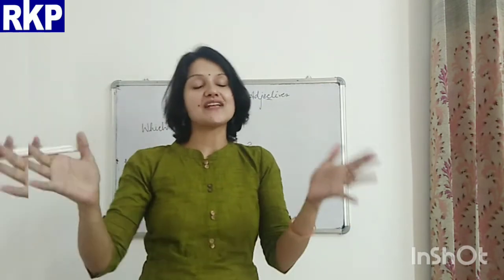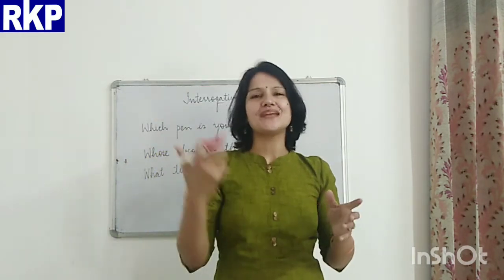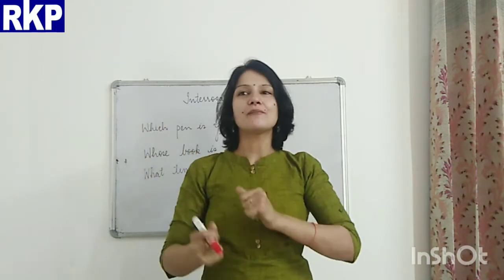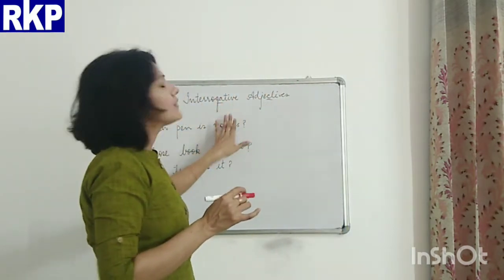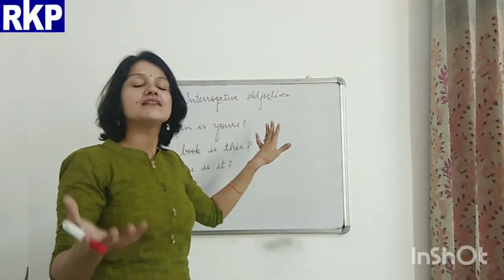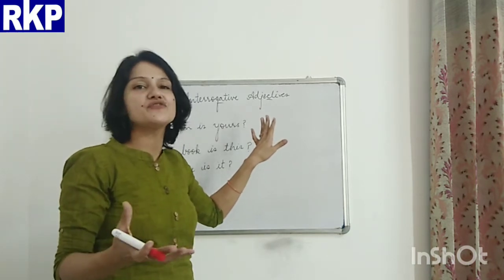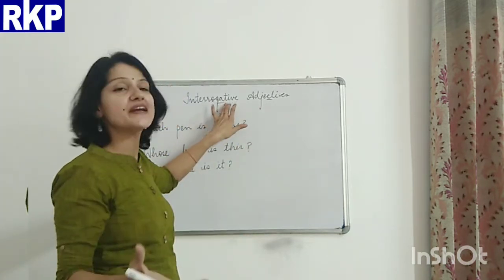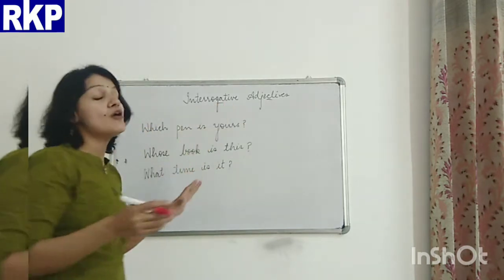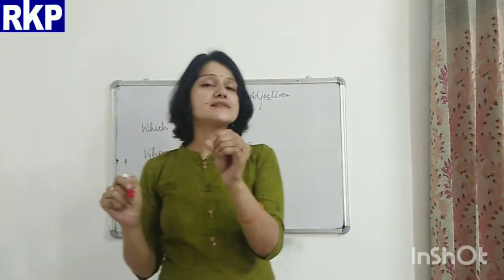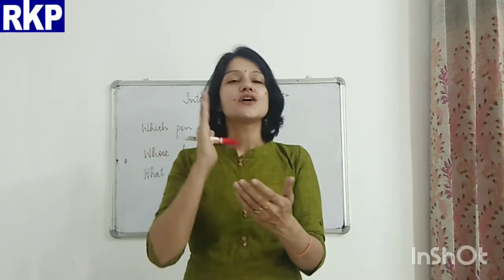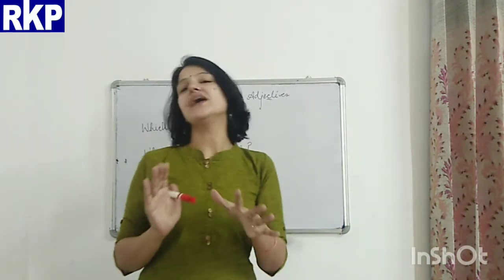Okay, interrogative adjectives. By the name interrogative, we get an idea that it is related to some question words, right? Basically, there are some question words which are interrogative adjectives. Now see beta, you have to remember one trick. If a particular word is an adjective, it has to be followed by a noun.